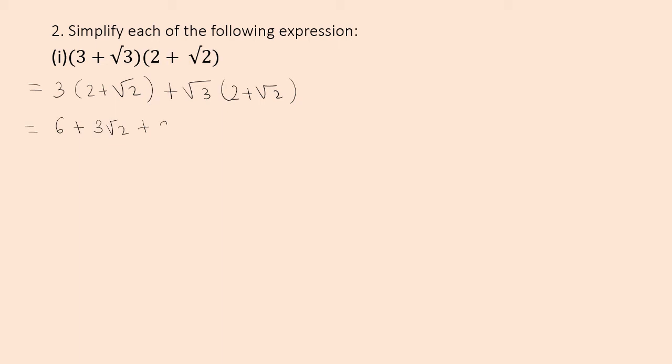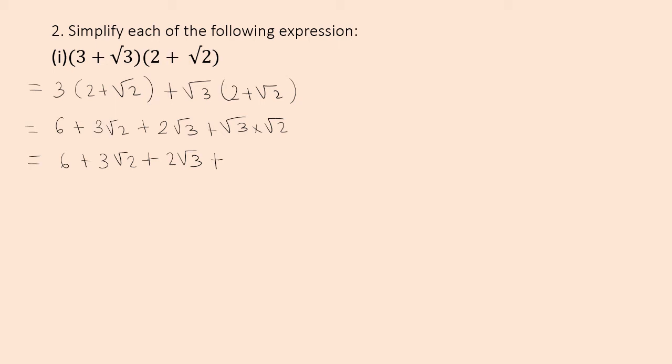So it becomes 2 root 3 plus root 3 multiplied by root 2. Both are irrational numbers. That is equal to 6 plus 3 root 2 plus 2 root 3 plus root 3 multiplied by root 2.